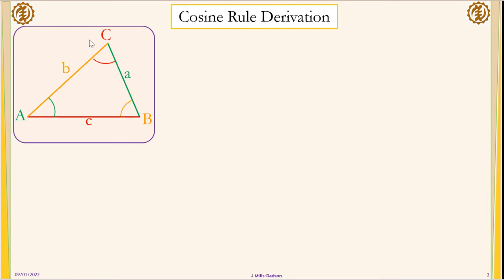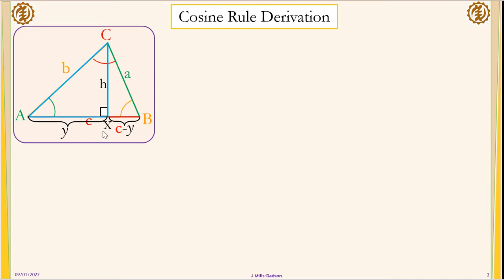So triangle ABC, labeled as per our previous lessons. The height, I call it H, and at this point I call it X. So you could see that line AB is C, but I've divided it into sections, so I need to know how long this is, how long that is.